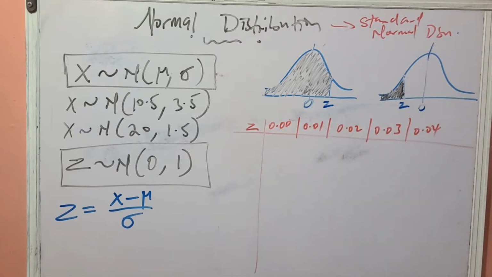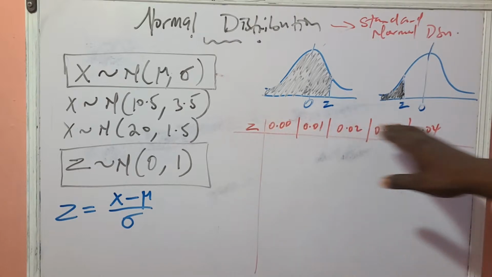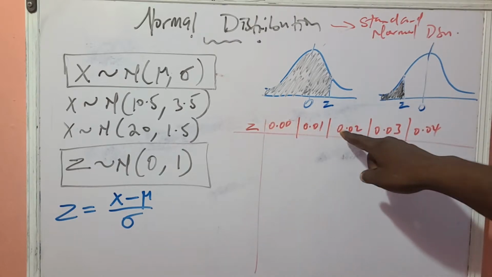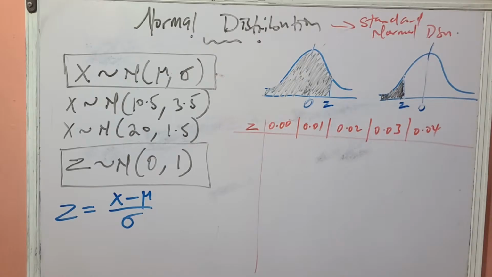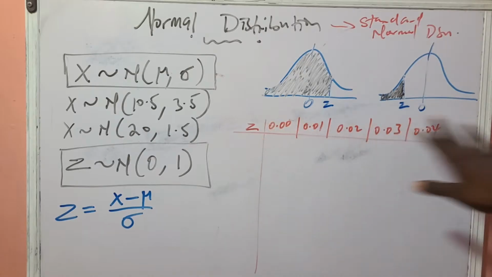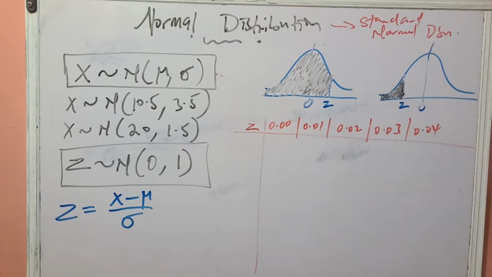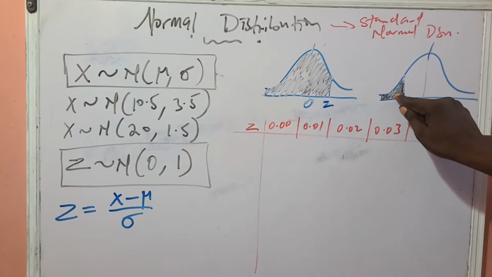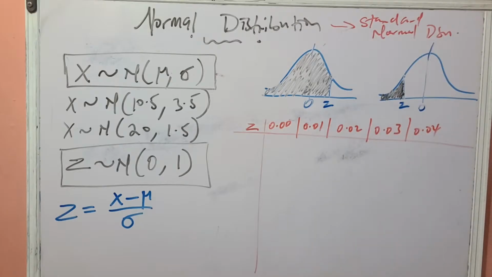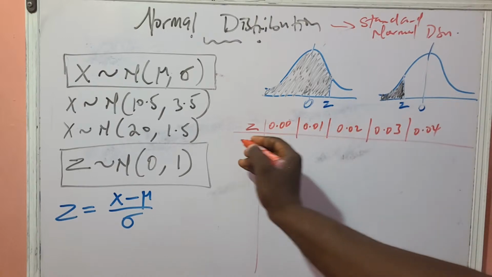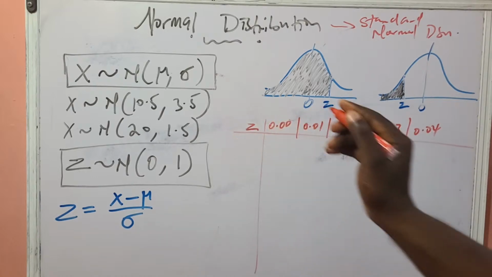Now, this row with 0.01, 0.02, 0.03, 0.04, you can see it's common to both tables. Both tables have exactly these things. But one thing you're going to notice that is different is that on this smaller shaded part, you'll be seeing negative values on this side. Of course, this is just a limited version.